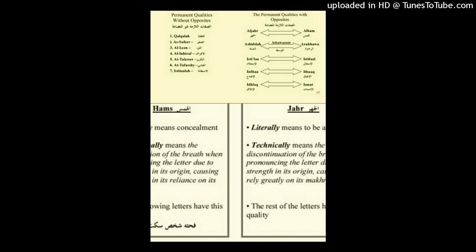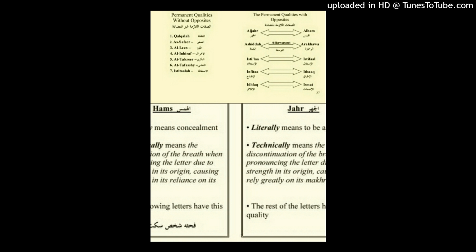How about the opposite quality to this quality? We call it الجهر, and الجهر means to be apparent. It is the opposite, so you're not going to hide the letter. You are going to make it clear, and this by preventing the air to be produced with the letter. It is the discontinuation of the breath when you pronounce the letter due to the strength of this letter.